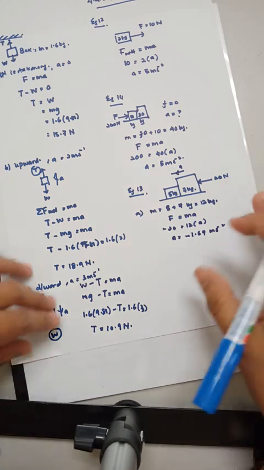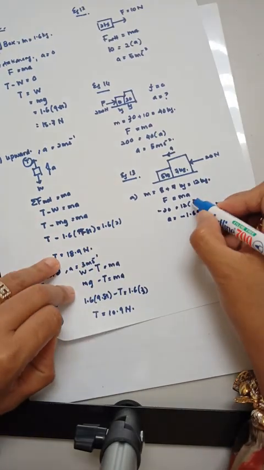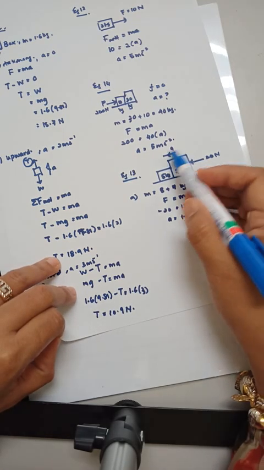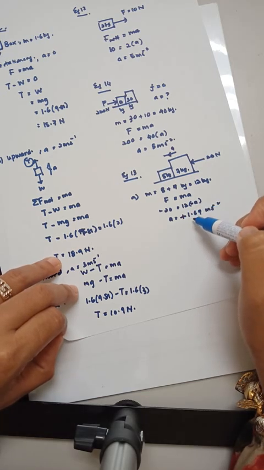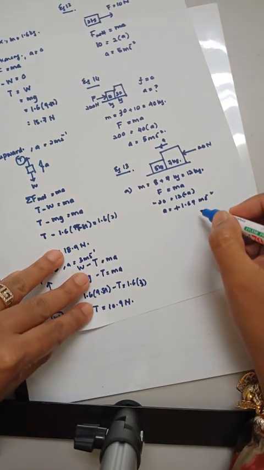Okay. So, that's why dia ikut dia punya direction. Okay. So, kalau kita letak sini negatif X, pun boleh lah kan, sebab A kita dah tahu dia ke sana, so A tu negatif lah kat sini. Okay, so dia akan dapat A sama dengan 1.67. So itu magnitude, sebab dia nak magnitude.